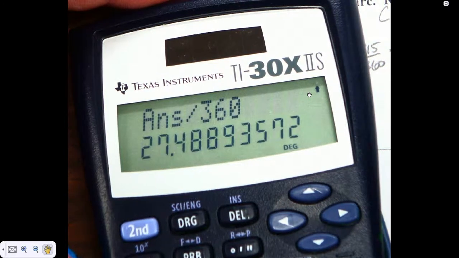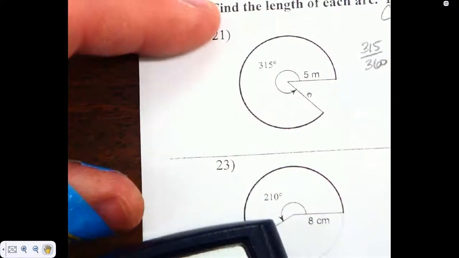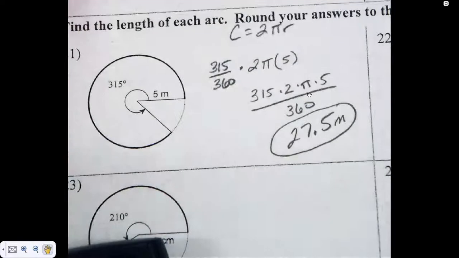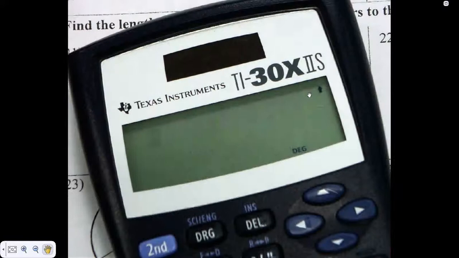He was right. 27 point what? And what are the units? Meters. Circle your answer. You guys think you can do that? Let's get to work.